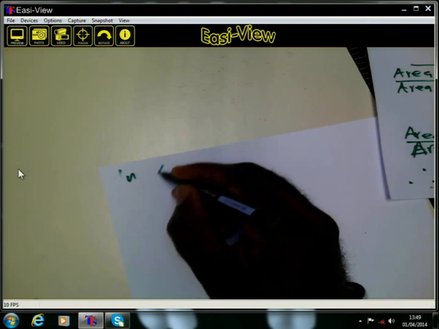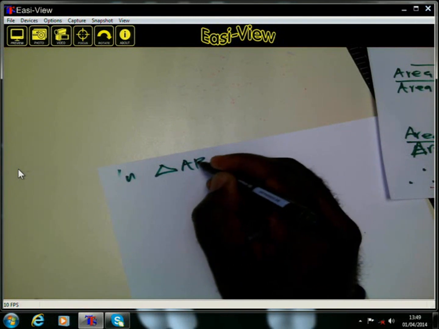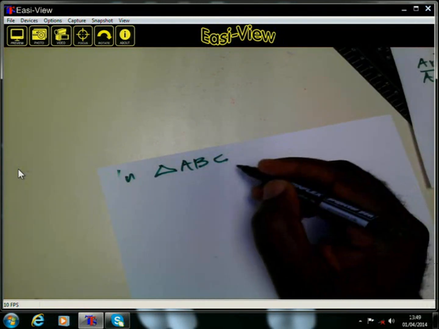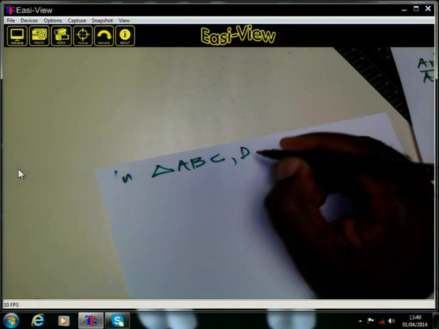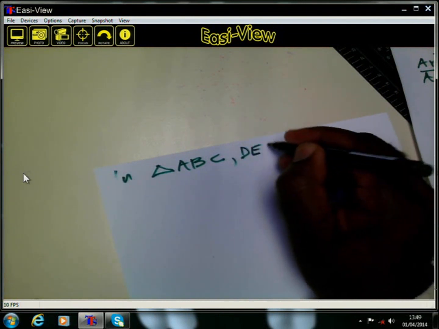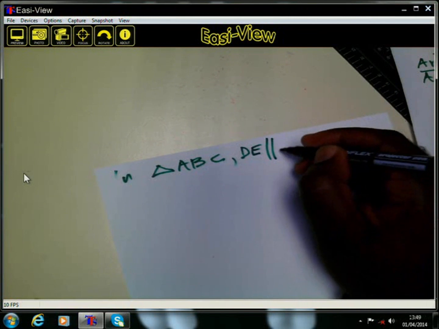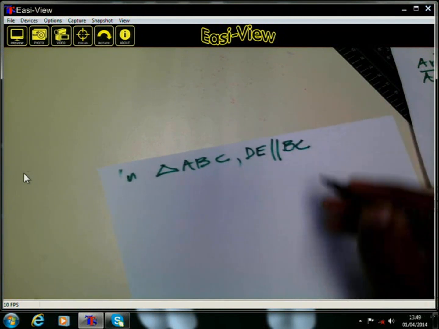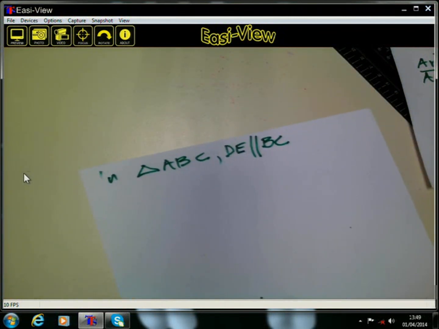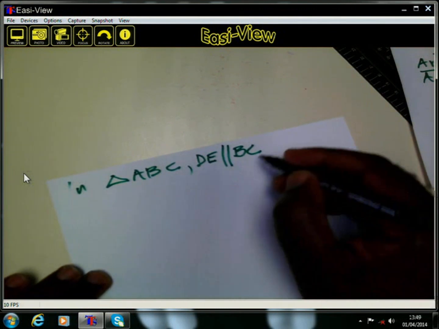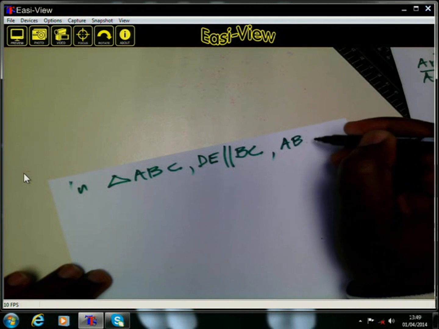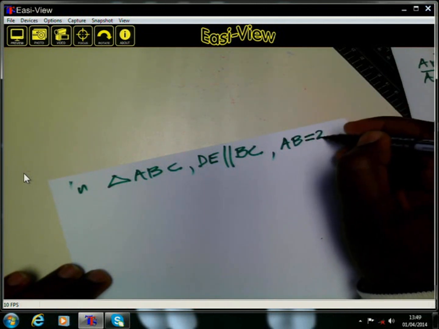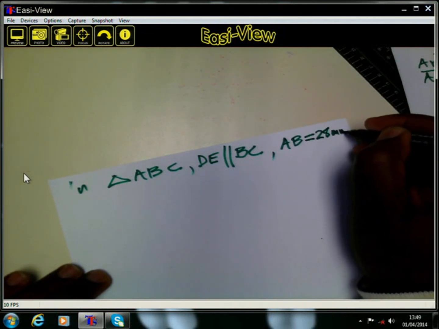in triangle ABC, you have line side DE, which is now parallel to side BC. Side DE, which is parallel to side BC. And in this case, we're having side AB, which equals 28 millimeters.